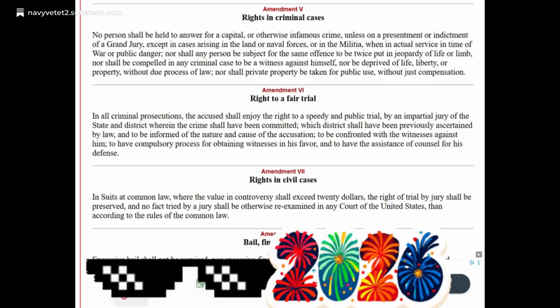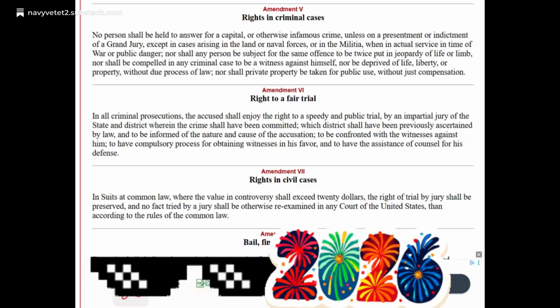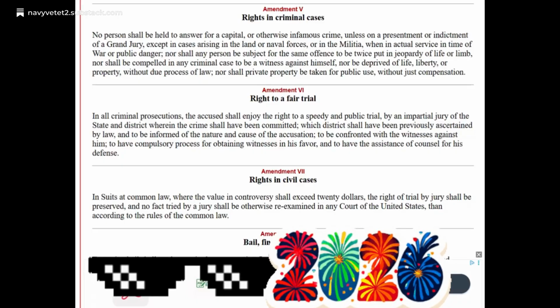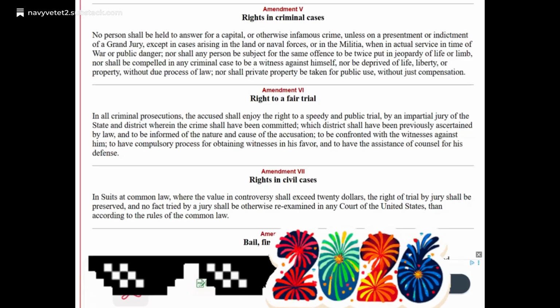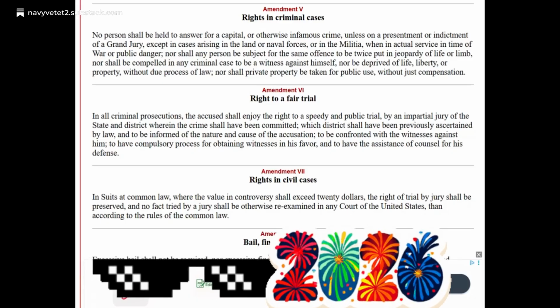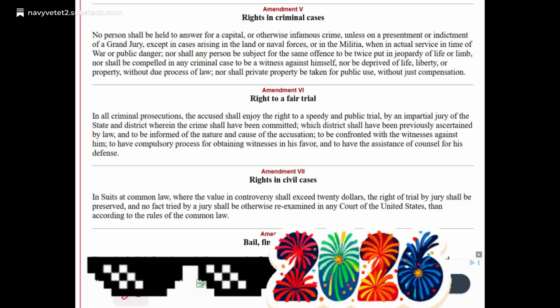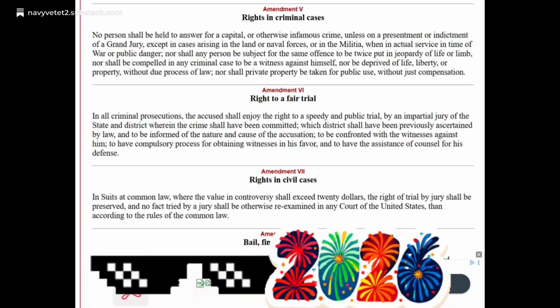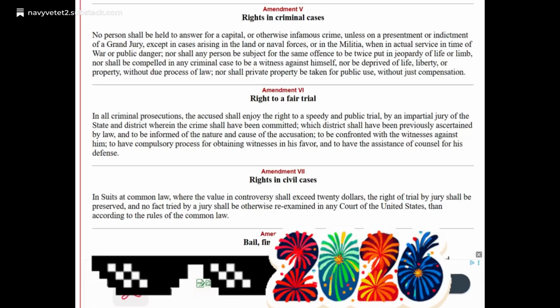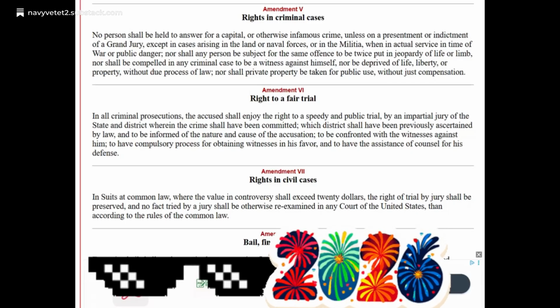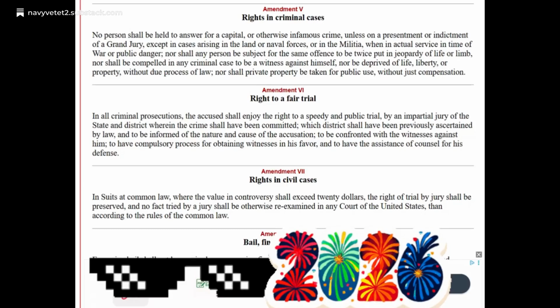The concern for protecting property is further emphasized in the prohibition of taking private property for public use without just compensation. In fact, federal and state governments often take control of property, for example, for the purpose of building a highway or some other necessary public works.